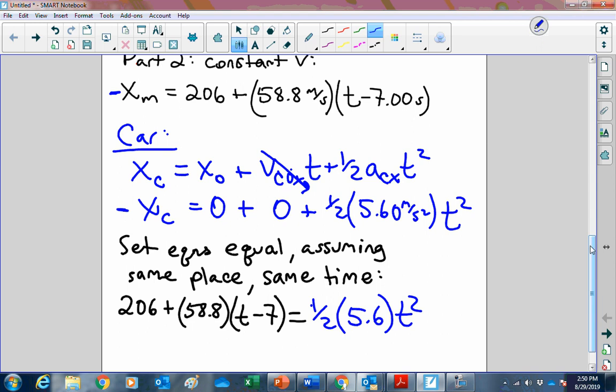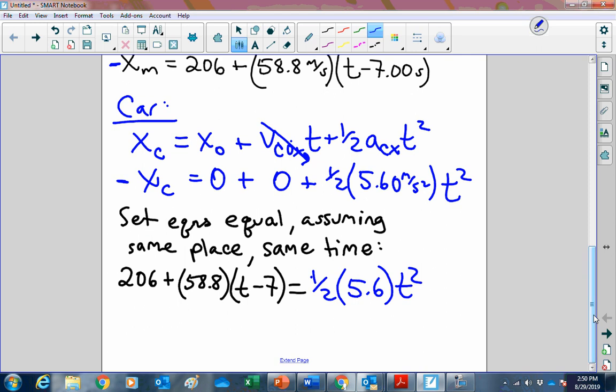Okay, so then I'm going to get that into a form where then I'm going to solve the quadratic formula. So I get 412 when I distribute that 58.8 times -7.